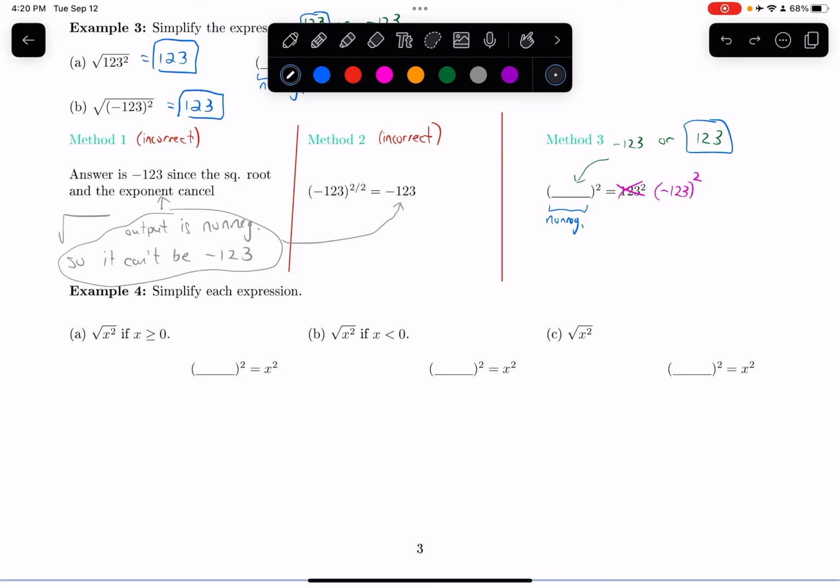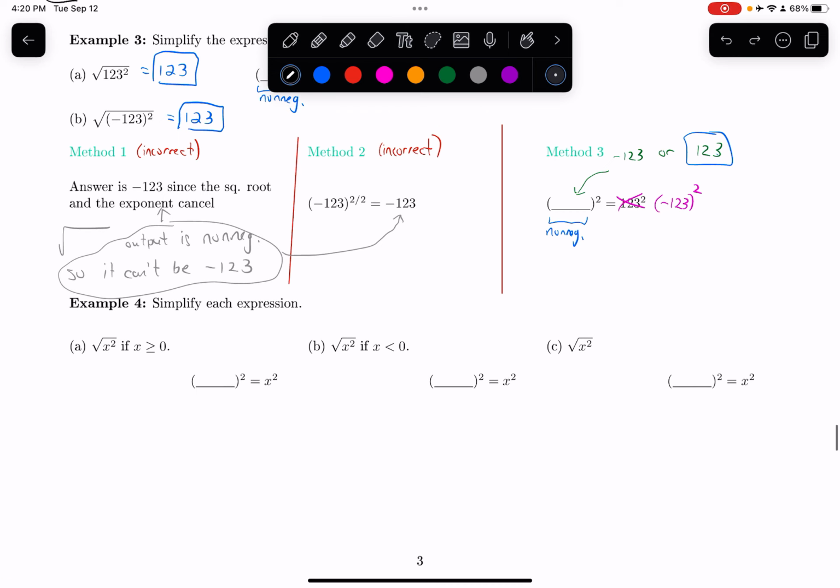Let's think about it in this more general way. Square root means, what do I square to get the thing that's inside? In this case, that's x to the 2. Two things work: this could be x, or it could be negative x, because even if I had negative x, squaring it would get rid of the negative sign.